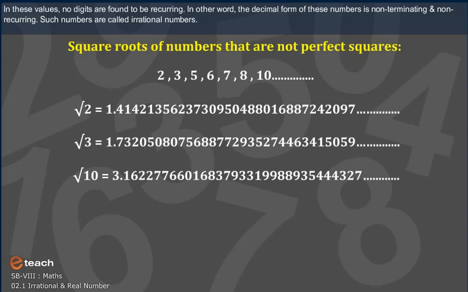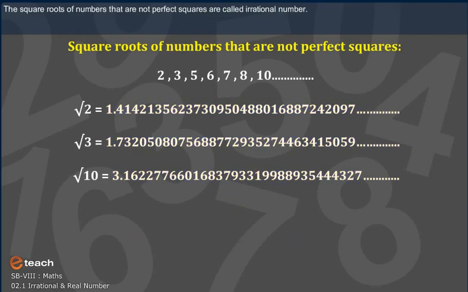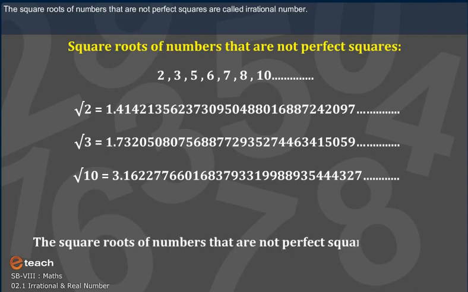In other words, the decimal form of these numbers is non-terminating and non-recurring. Such numbers are called irrational numbers. The square roots of numbers that are not perfect squares are called irrational numbers.